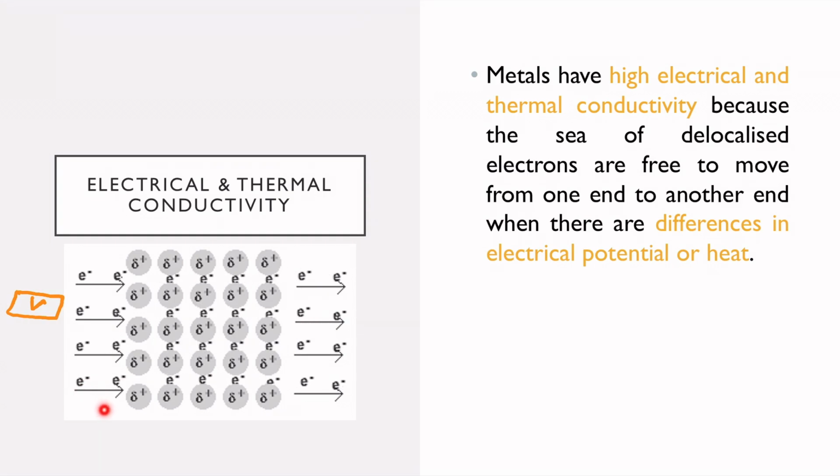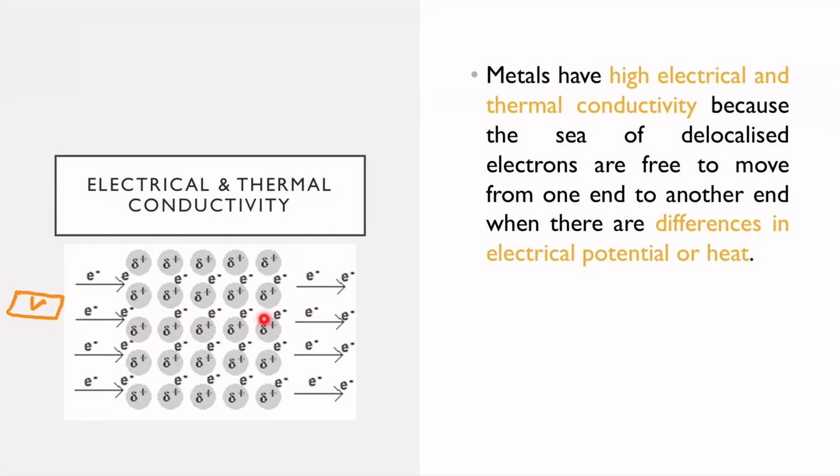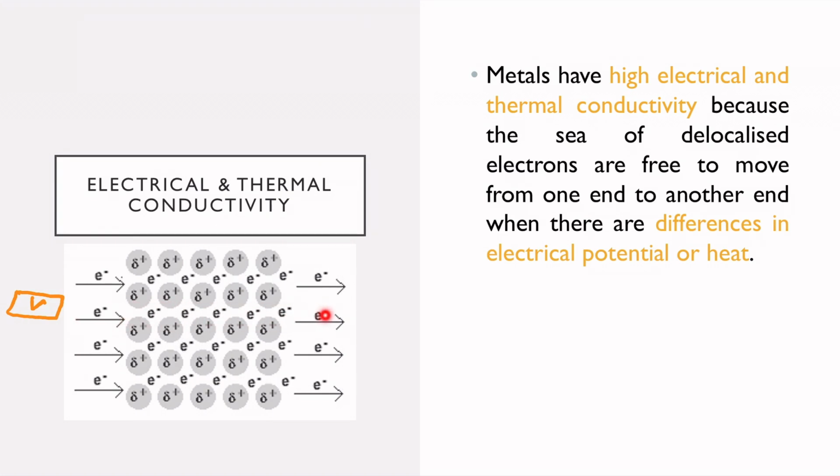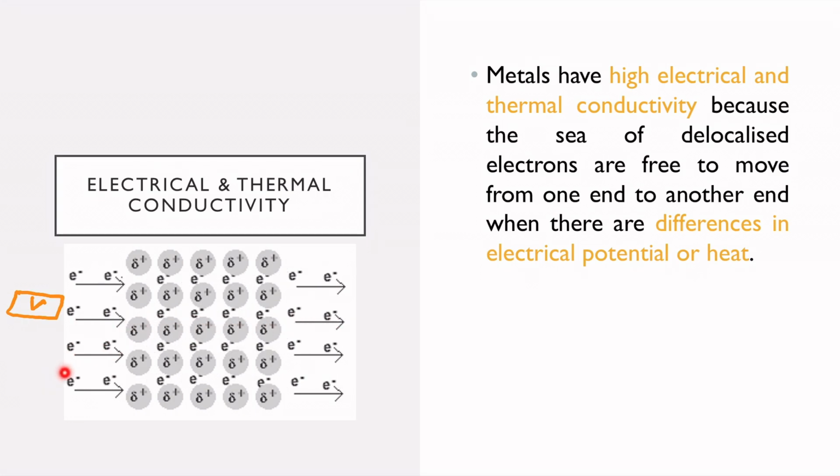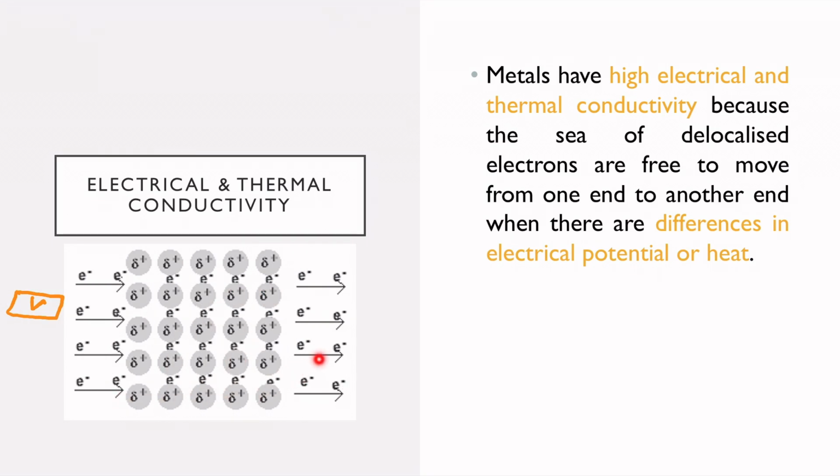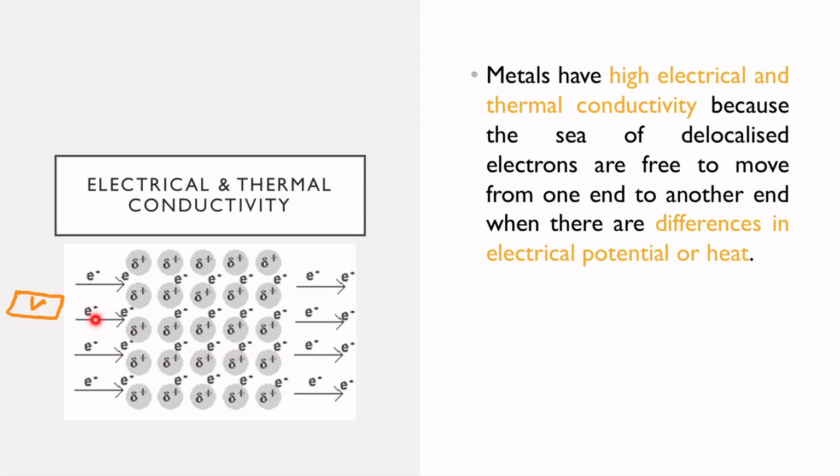So when there is voltage, there is current, kan? Your electrons are moving across your metal. When there is no current, the electrons will move randomly, like the blue GIF I showed you just now. So when you put current, then your electrons will flow through the metal.